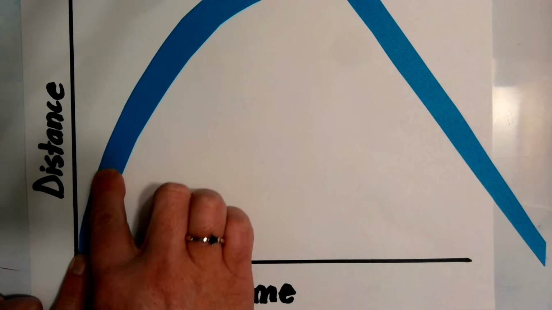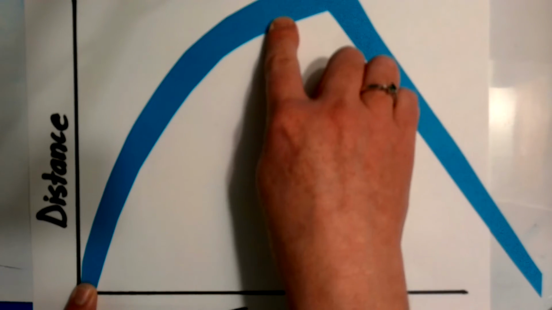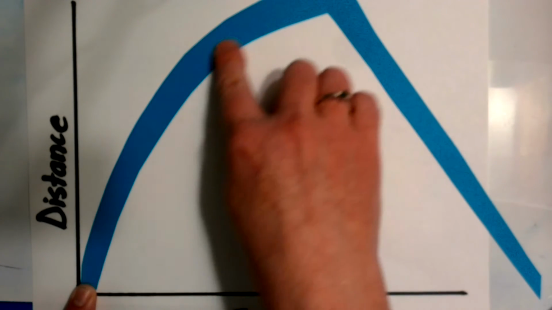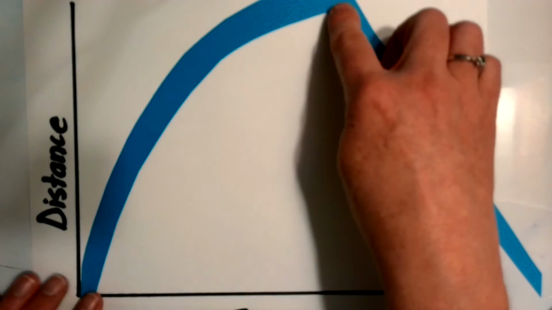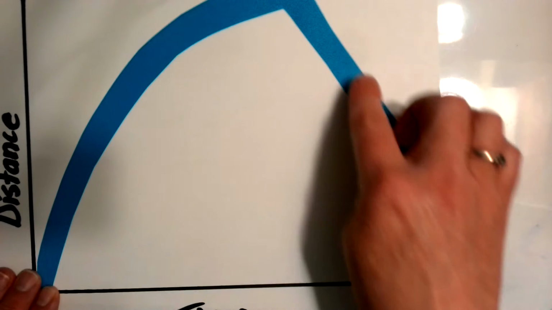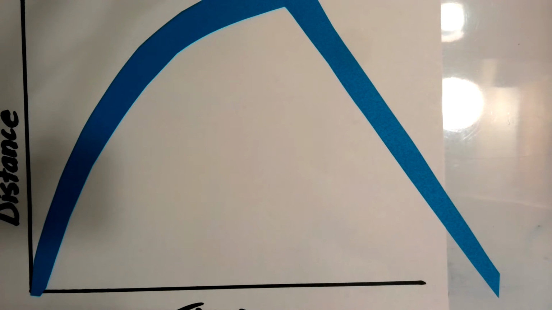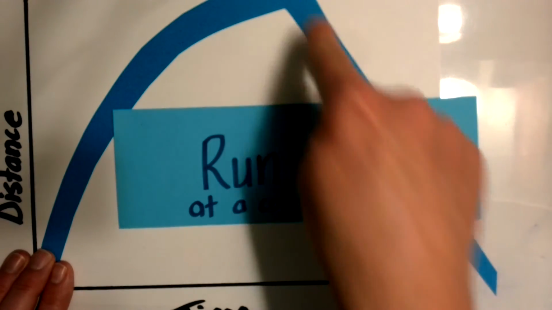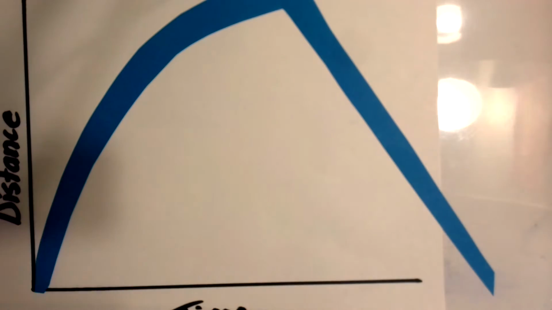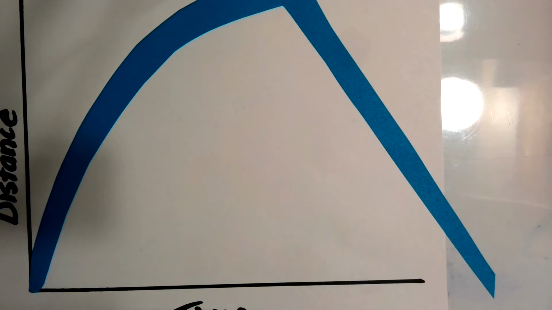You must have been running really fast, but the slope kind of flattens out a bit here. So we would say that you were slowing down over time. Now, if we look at this portion as you head home, are you heading home at a steady rate, a constant rate? You would say, sure. So maybe you are running at a constant pace on this way home. And then when you get to the bottom down here, you have arrived at home.